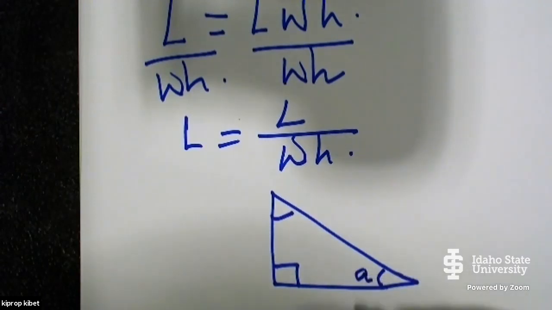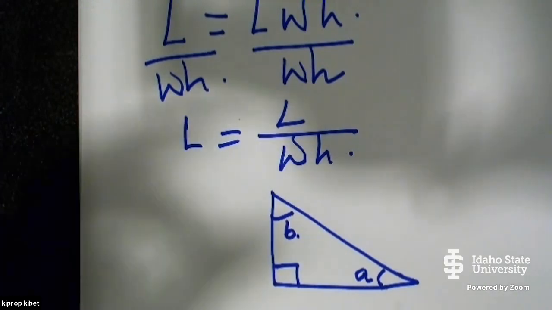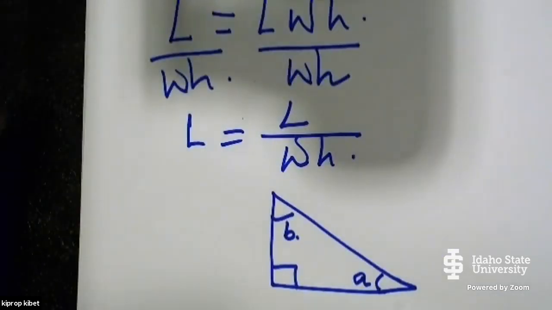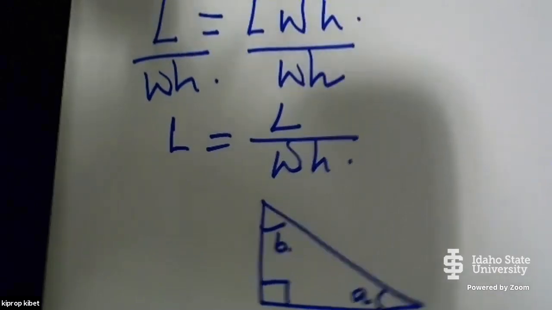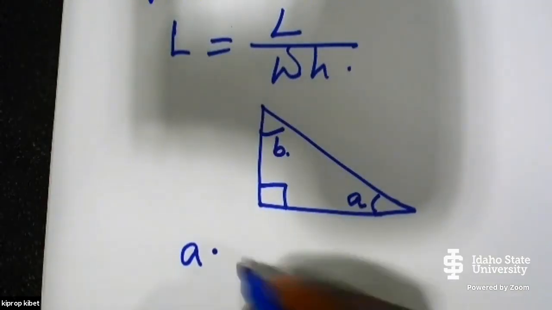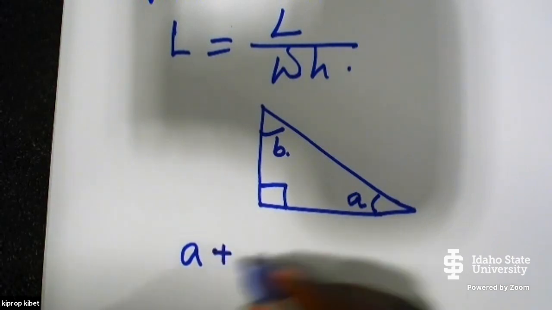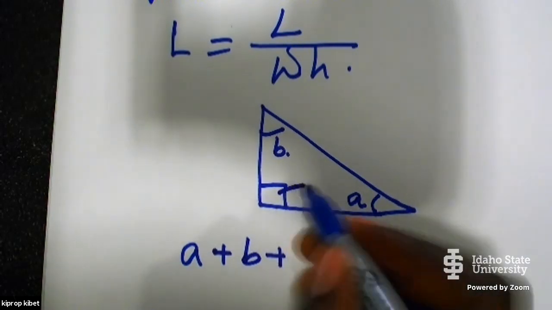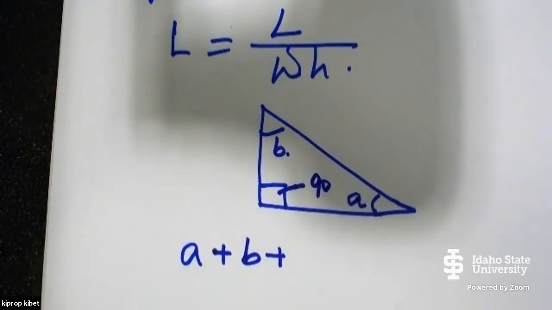So if this one is A and this one is B, then A plus B plus, we always know that this is what? 90 degrees.